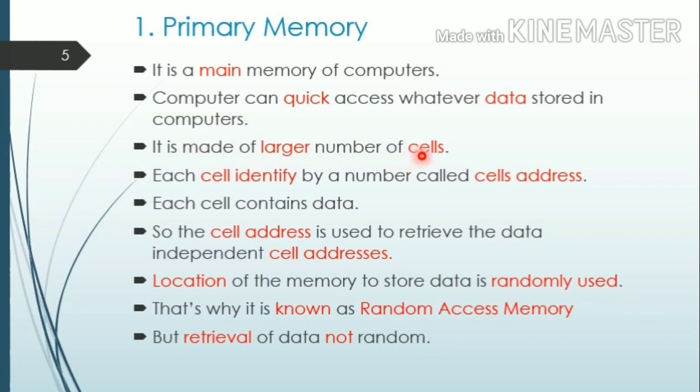Now it is made of a large number of cells. Many times we have discussed in class that cells are like a cupboard at our home that has some boxes, where we keep our school uniform in one box and regular clothes in a different box.